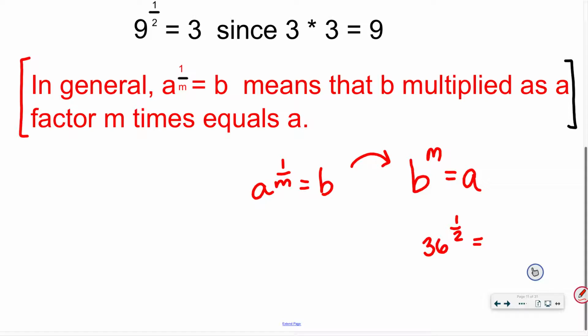What would 36 to the 1/2 be? 6, because 6 squared is 36. How about 144 to the 1/2? 12, and again, because this number to this power equals 144.